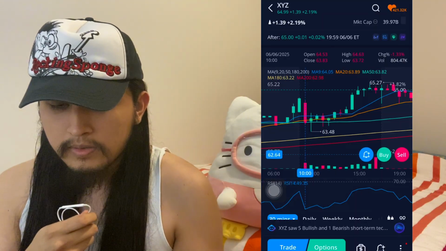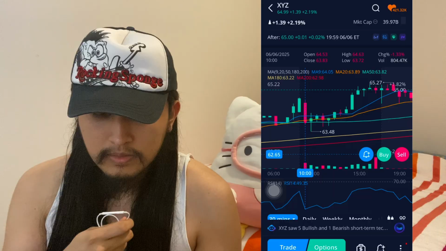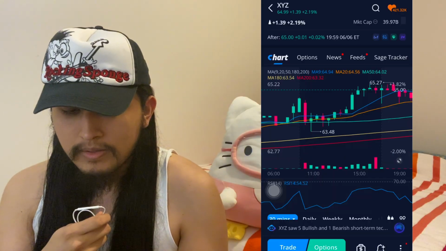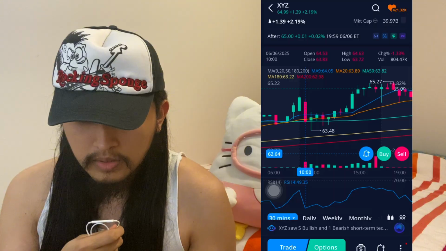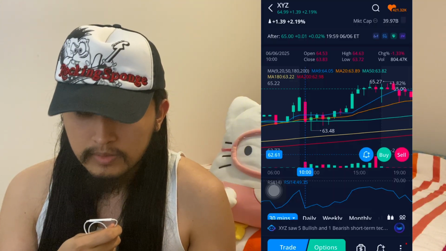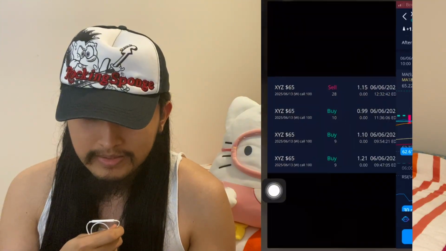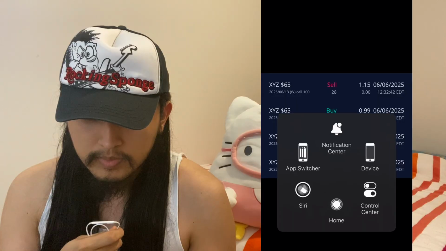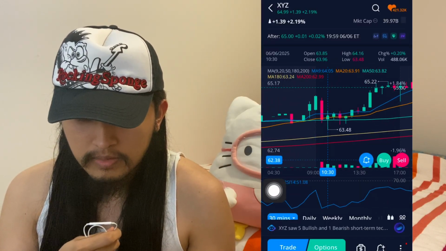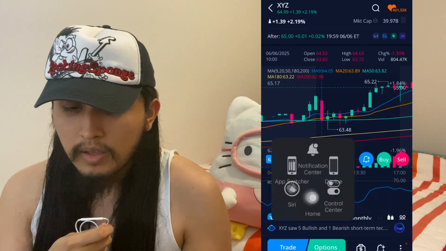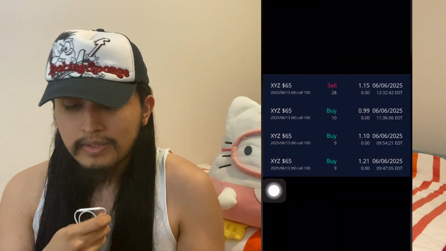So this candle right here, the 10 candle. Once it landed on the 50-day moving average, I bought XYZ call options, and then at 9:54, that very same candle, I bought more XYZ call options.